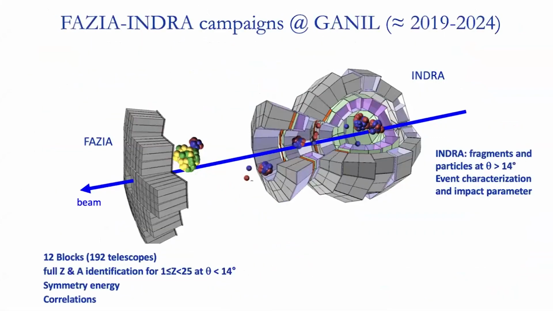So if you see all of these experiments, the part that can measure the n over z very well is always in the forward direction, because you need to have a particle that has enough energy to penetrate deeply inside the detection material.